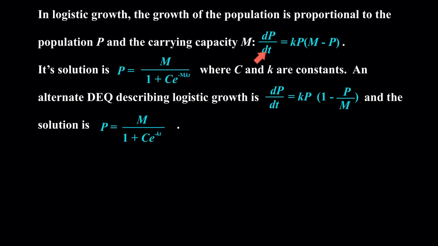And so that gives us this differential equation, dP/dt, which is the rate at which the population is changing with respect to time, is equal to kP times (M minus P).